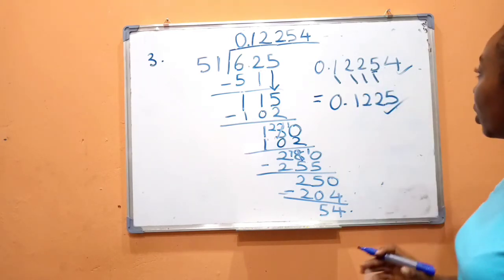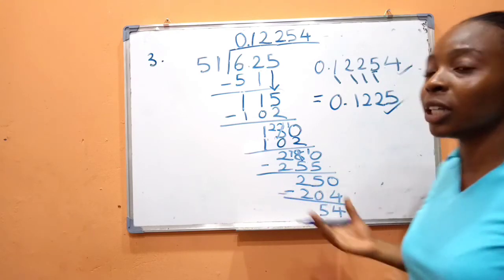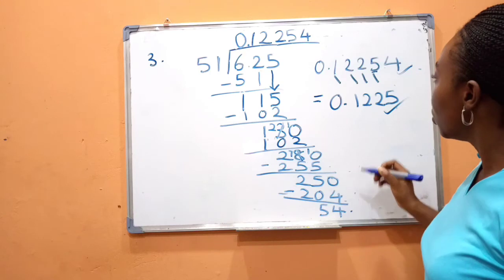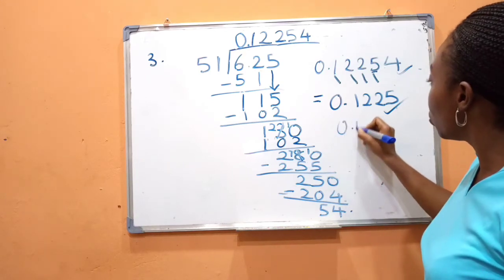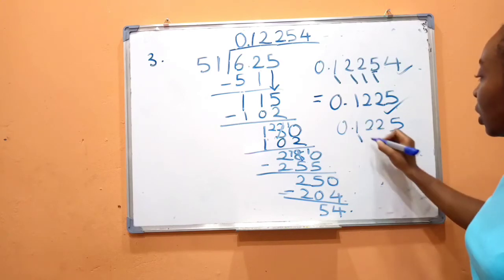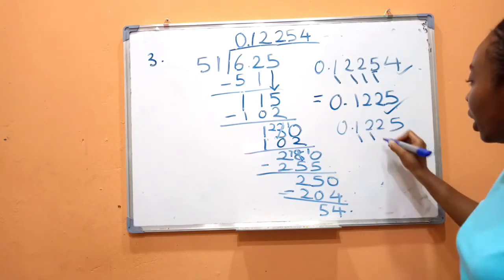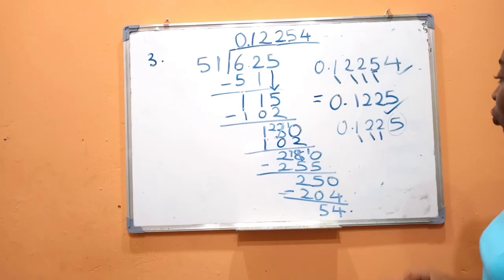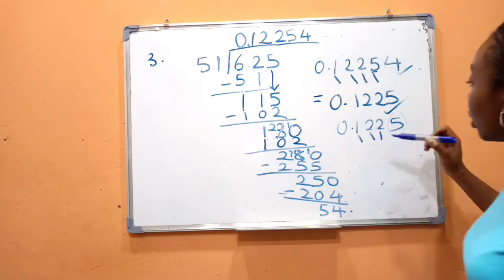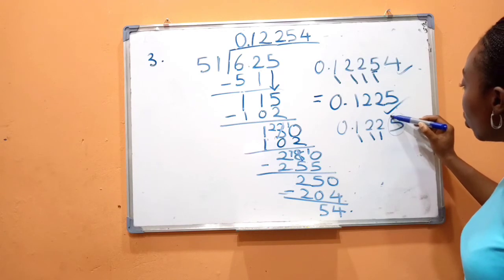Okay, however, let's assume we are told to leave our answer in 3 decimal places. Here's what we are going to do. We are going to have 0.1225. This is the first decimal place, this is the second decimal place, and this is the third decimal place. Now we are trying to round it off in 3 decimal places. So let's take a look at the fourth number.